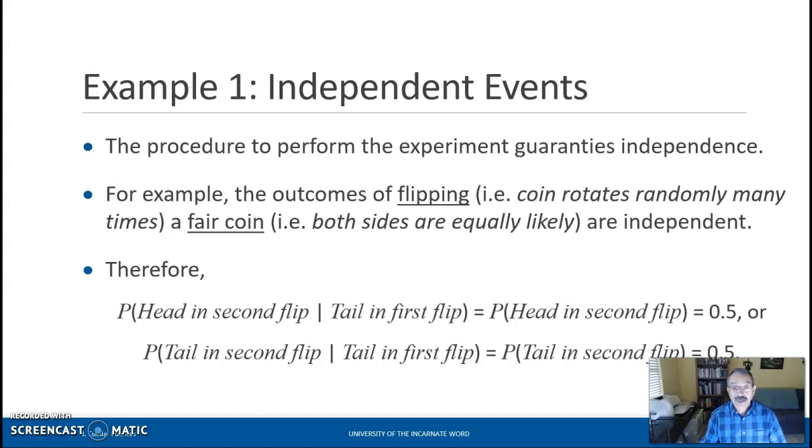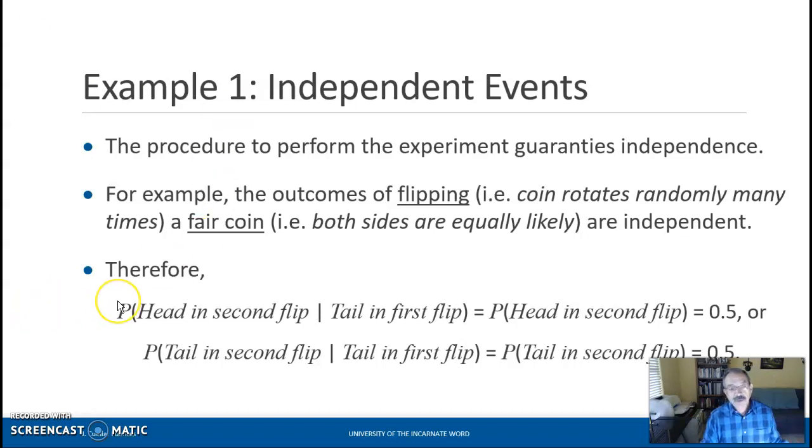So in that situation, if I flip a coin and I get a head, the probability of getting another head in the next flip is the same. It doesn't matter what I obtained in the first flip. I'm repeating the experiment, and the way I perform the experiment guarantees that the second result is completely independent of the first result.